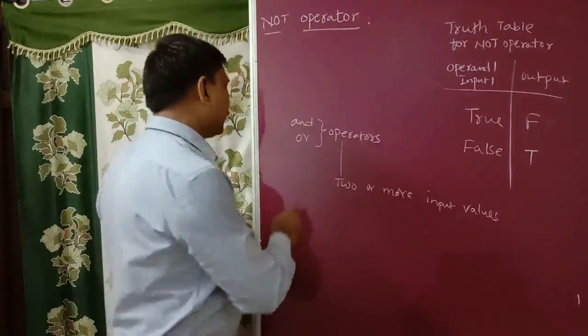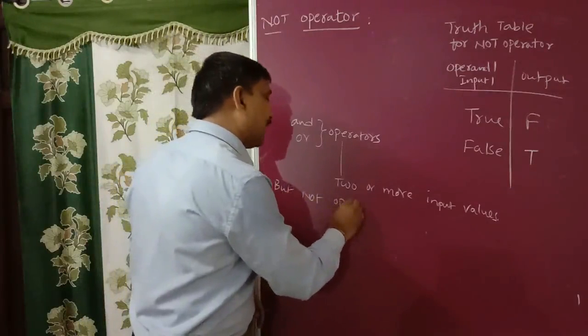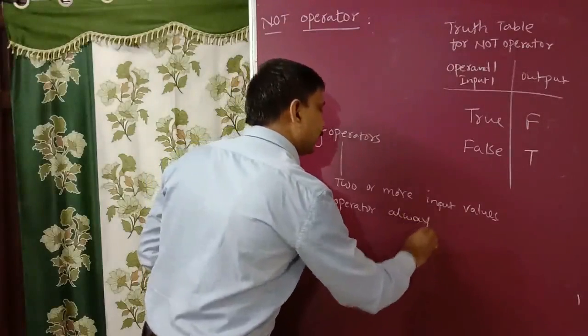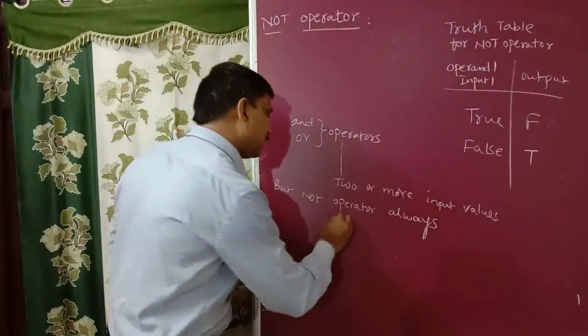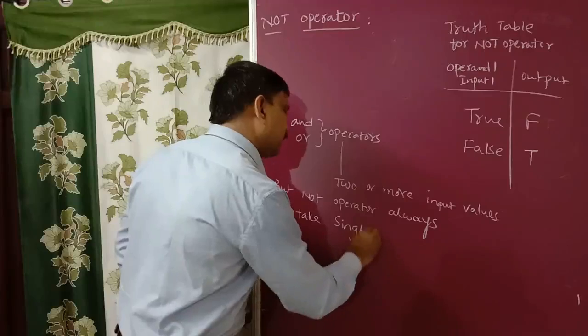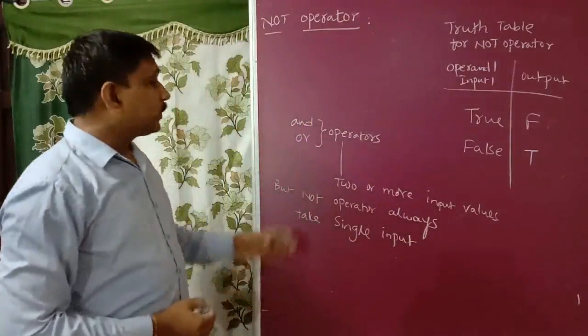But this NOT operator always takes a single input. So it is unary.